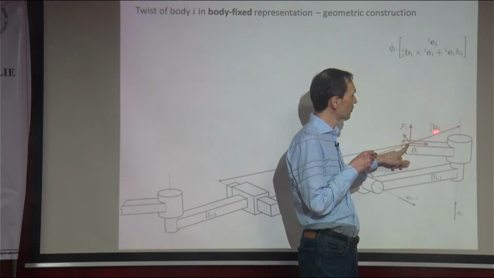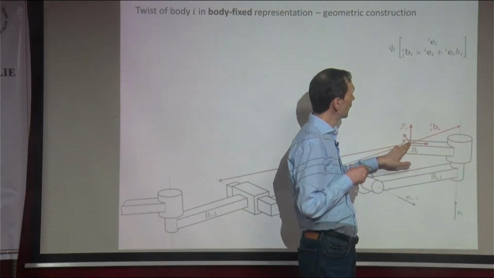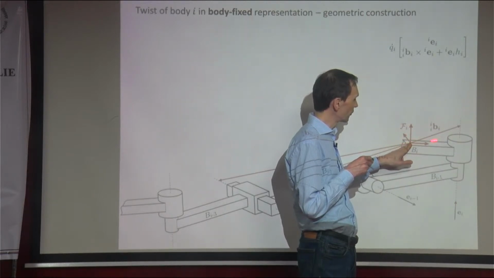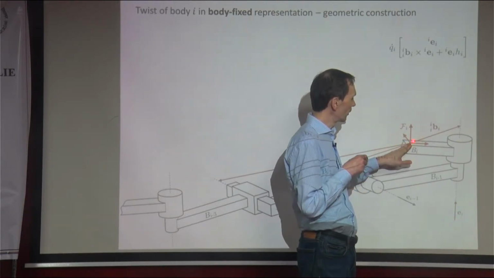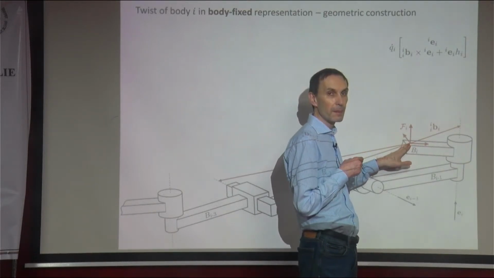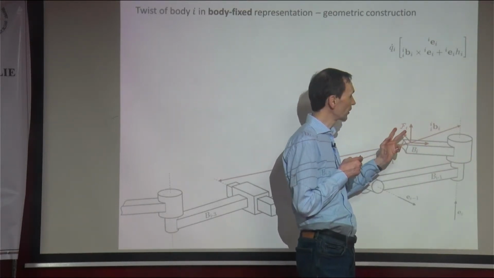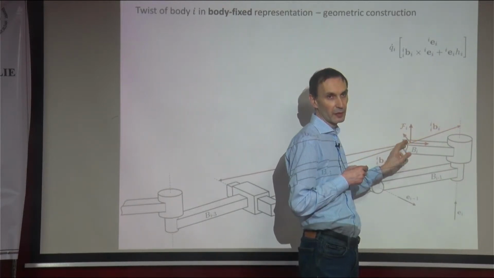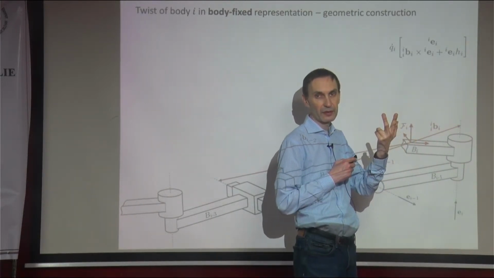Okay. So what you can easily say is that the velocity of this point due to the rotation is omega cross this vector. You can also say the opposite: it's minus this vector cross omega, because the cross product is skew symmetric.